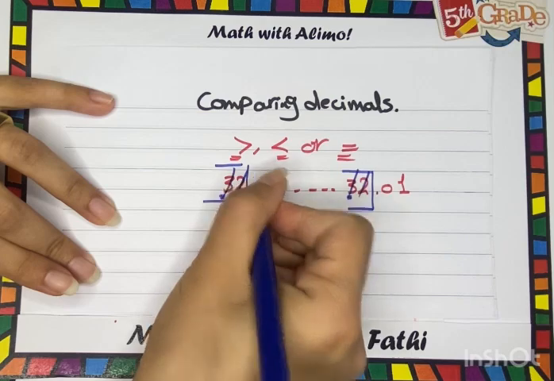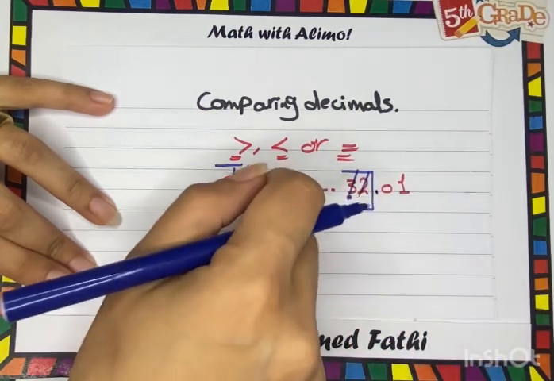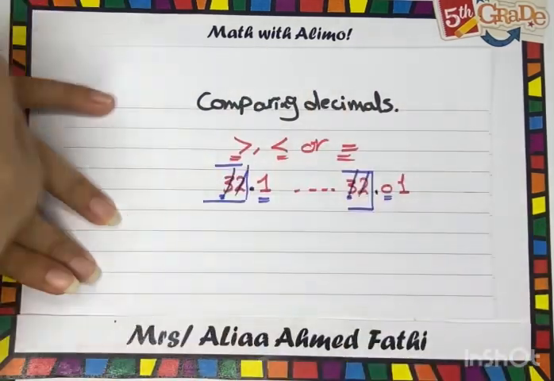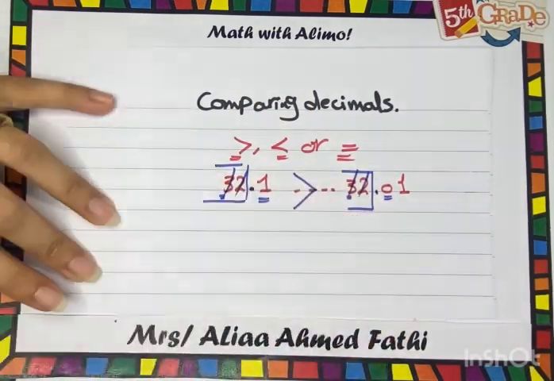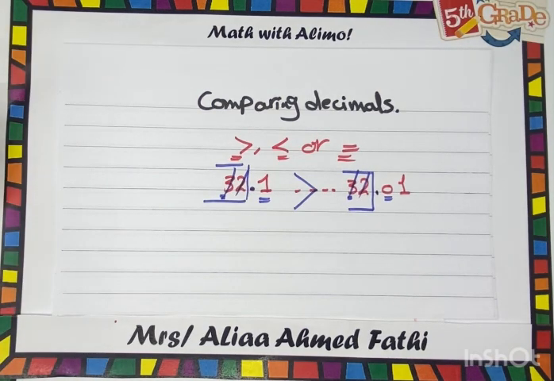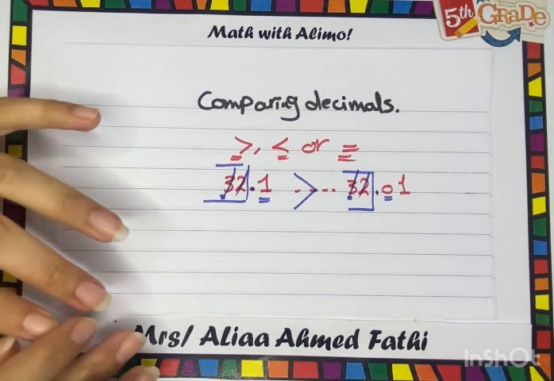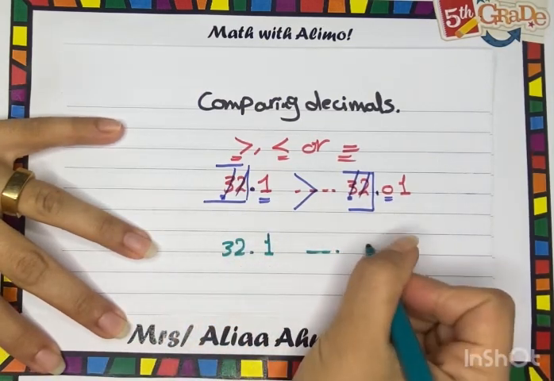Then we have the decimal point. Then in the decimal part, we have 1 here and 0 there. So which one is greater? Of course, the 32.1.